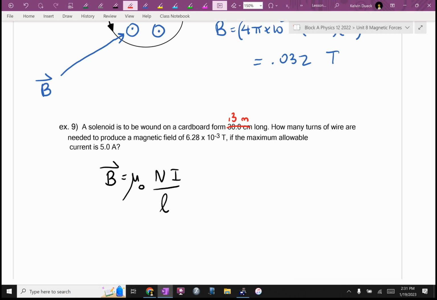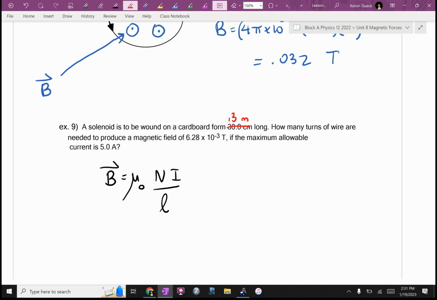Okay. What are they trying to get me to find? Which variable is that? Use the process of elimination. Is it B? No. Is it mu naught? No, that's a constant. Is it I?